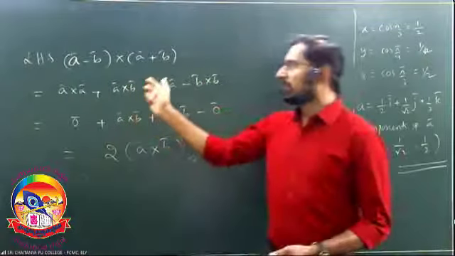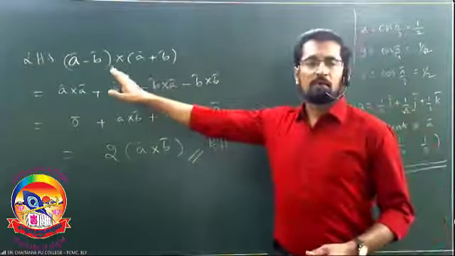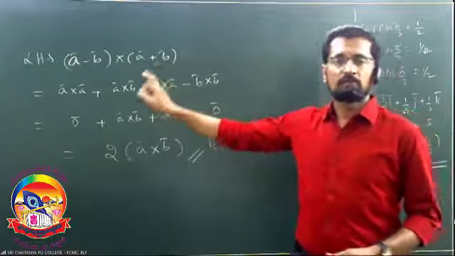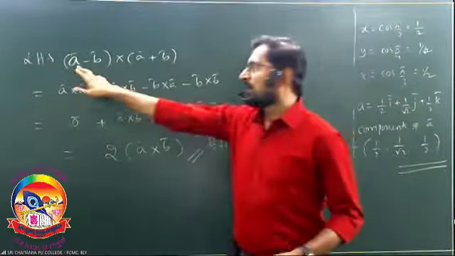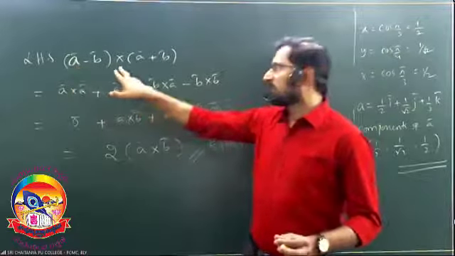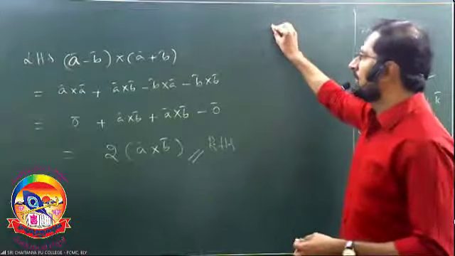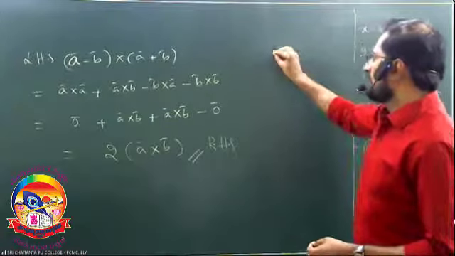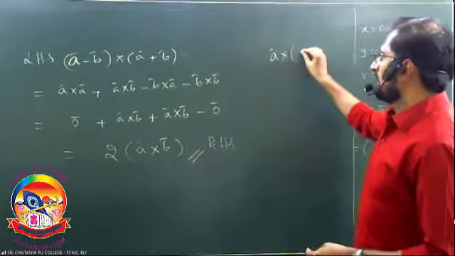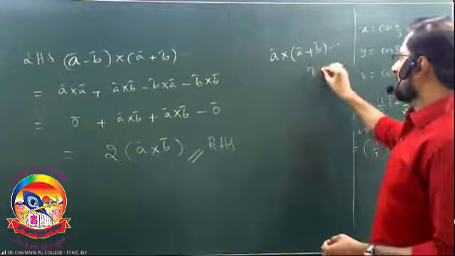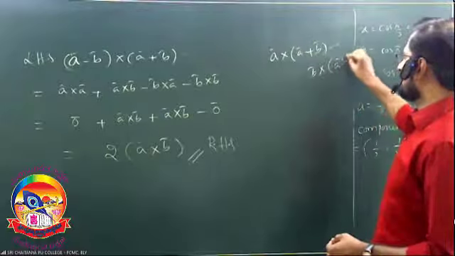Now, I am going to repeat it. Observe this problem carefully: A bar minus B bar cross A bar plus B bar. Generally, you should do it like this: A bar cross A bar plus B bar minus B bar cross A bar plus B bar.